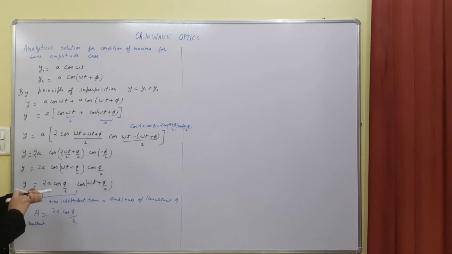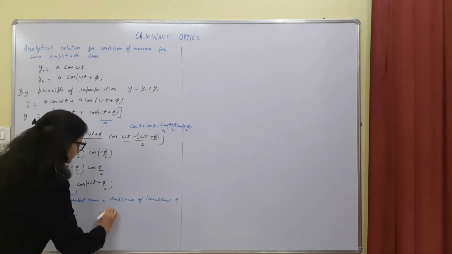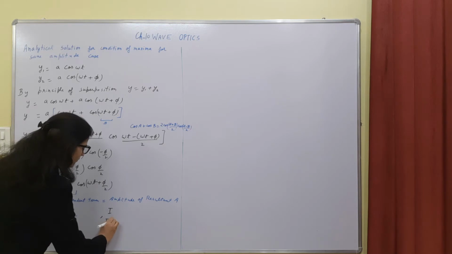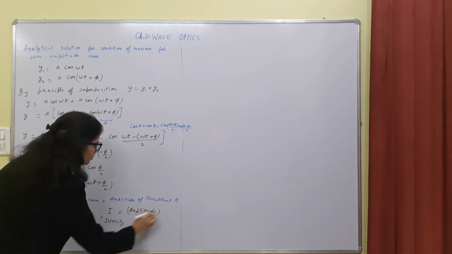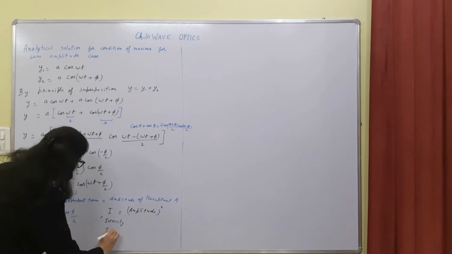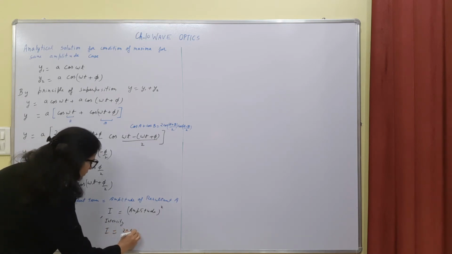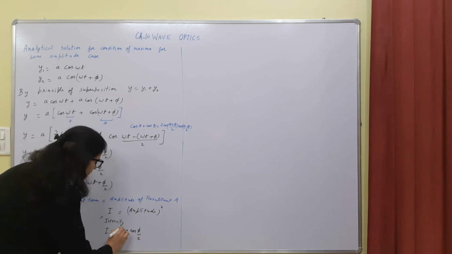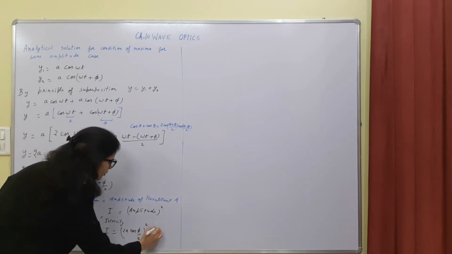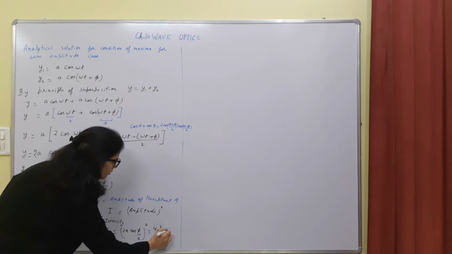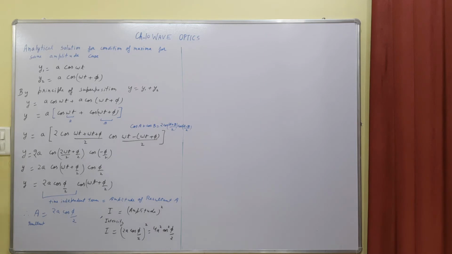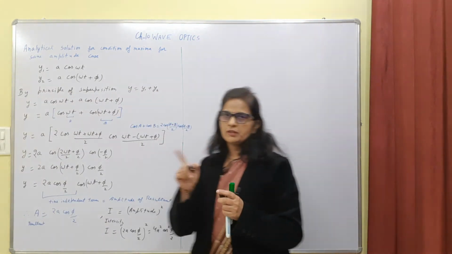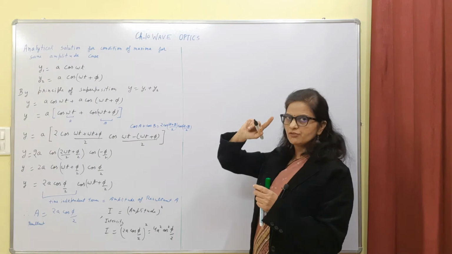And we also know that the intensity is equal to the amplitude whole square. So therefore I is equal to (2a cos phi upon 2) whole square. This gives us 4a square cos square phi upon 2, right? And the intensity of the individual waves will be a square because a is the amplitude of the individual wave.